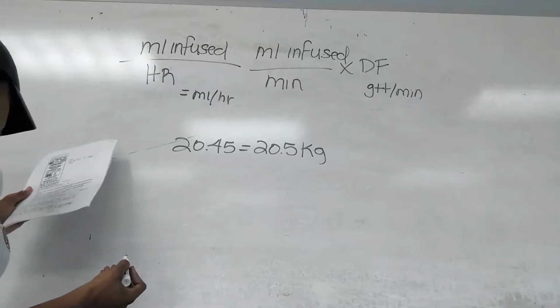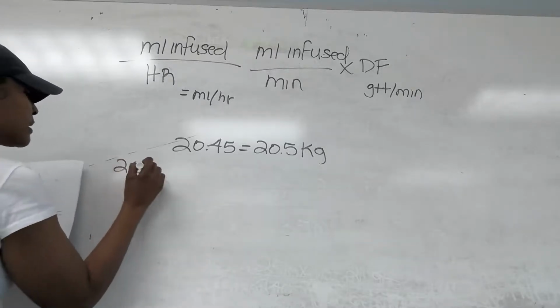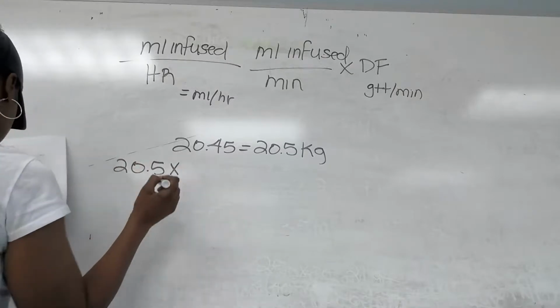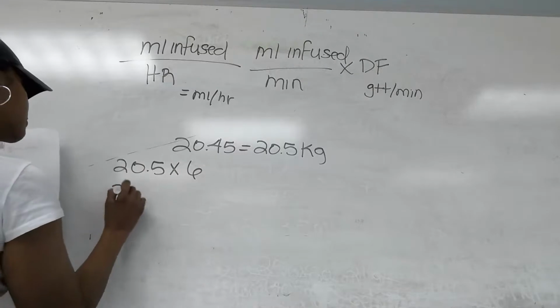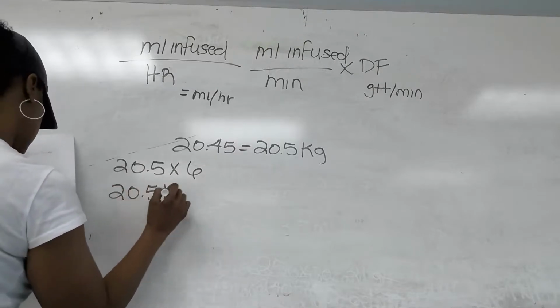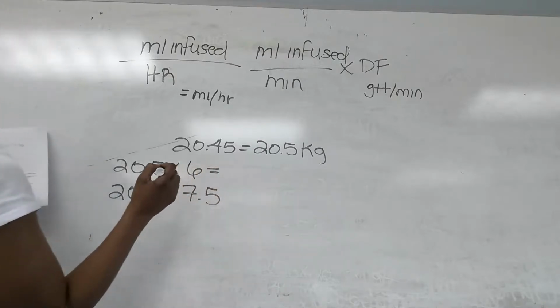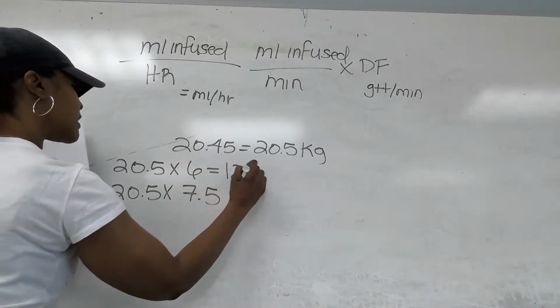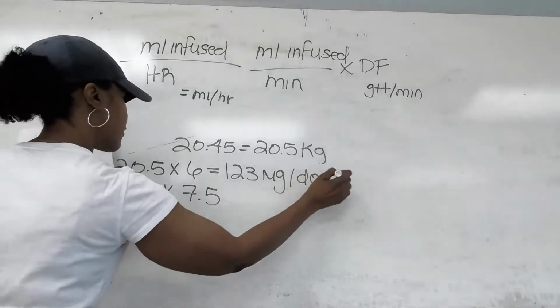B is asking you, what is the safe 24-hour dosage? So it's 20.5 times 6, then 20.5 times 7.5. All right, so this one is 123 milligrams per 24-hour dose.